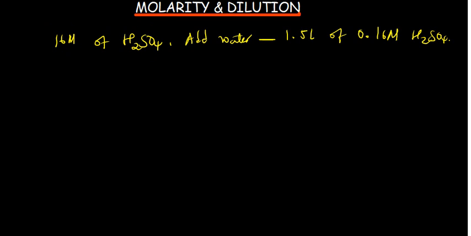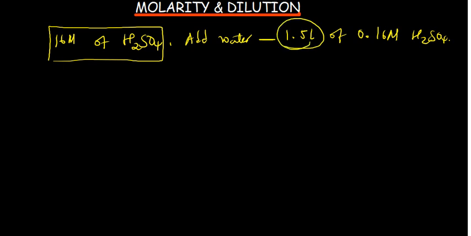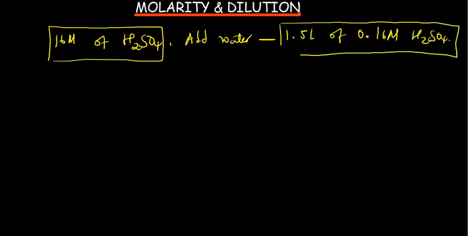So the thing is this: you have got sulfuric acid. This is the first sulfuric acid that you have, and then you add water. When you add water, you can see the final volume is this one, and the final concentration is that one. So this one you've been given is the initial concentration.